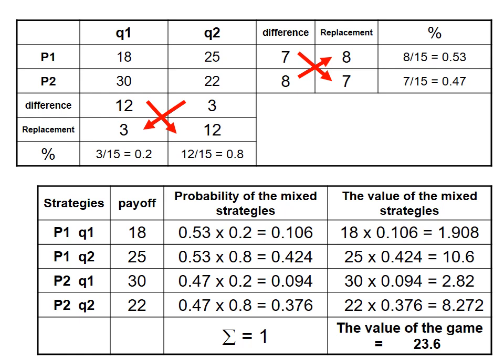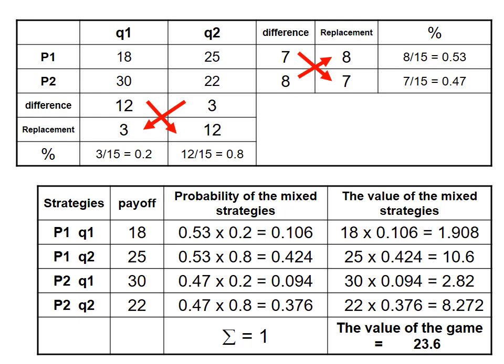The strategy B2 Q1, the payoff 30 times the probability of these two strategies, 0.094, equals 2.82.